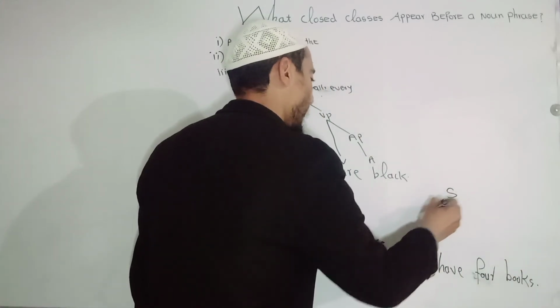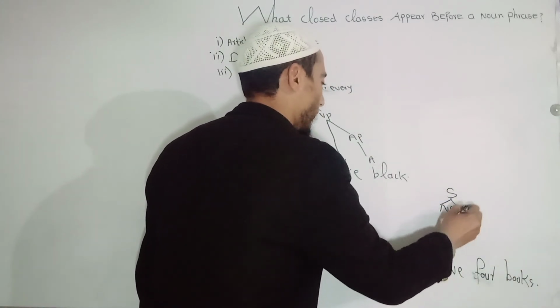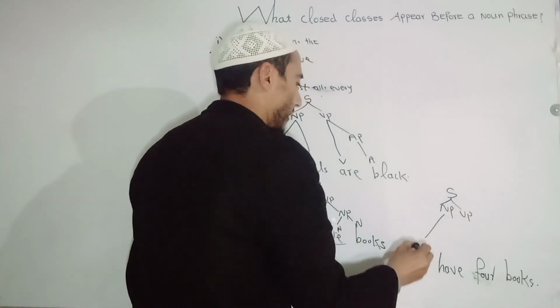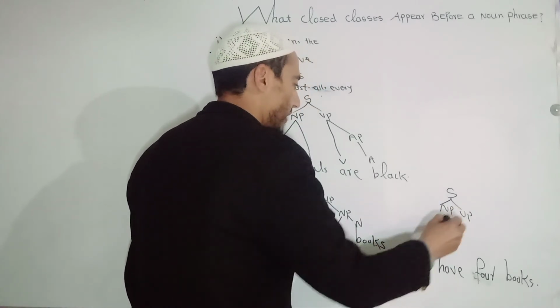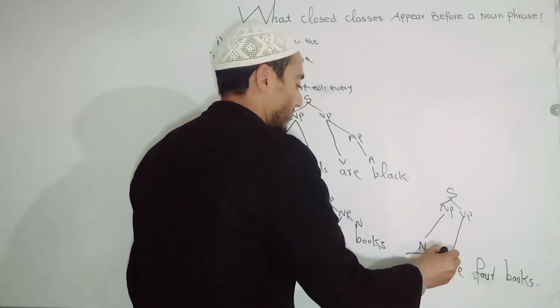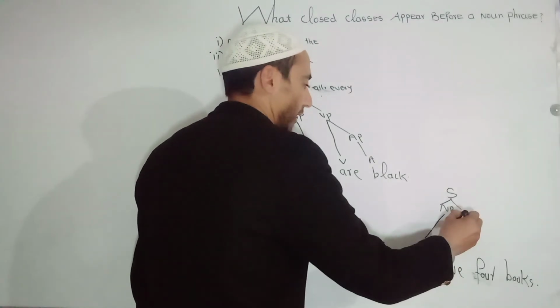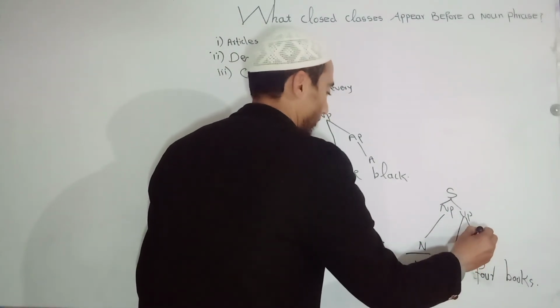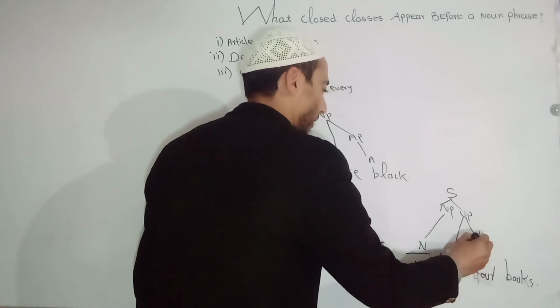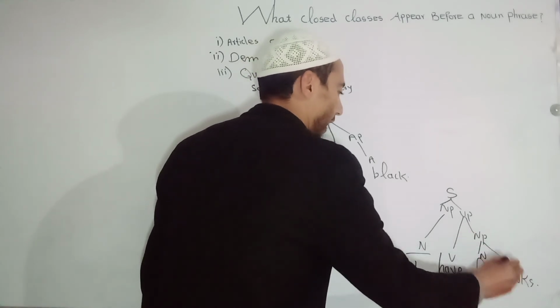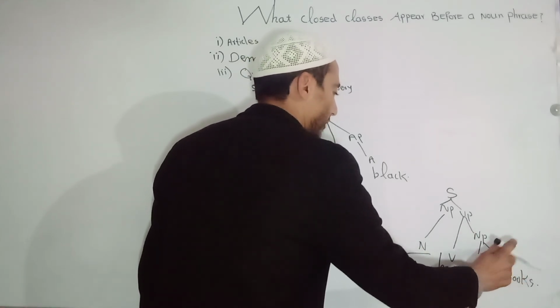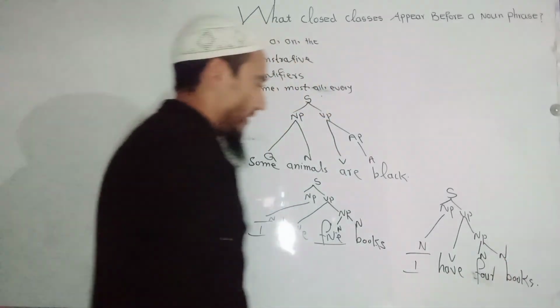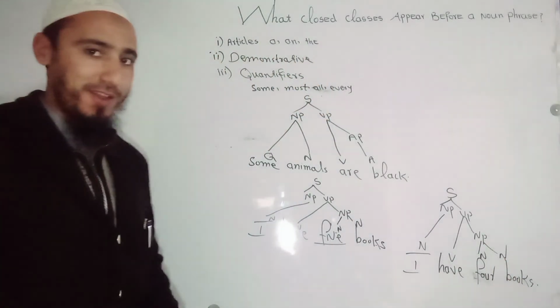Okay, so we have S, and in S we have NP and VP, and in NP we have I, that is N, and VP, that is have. And for the rest we are taking 4 books, so it is NP, noun phrase. In the noun phrase we have numeral N, and we also have books, so for books we are taking N. So, hope that this topic is clear.